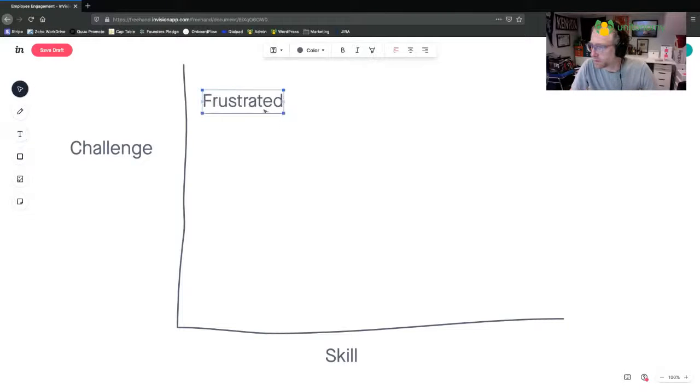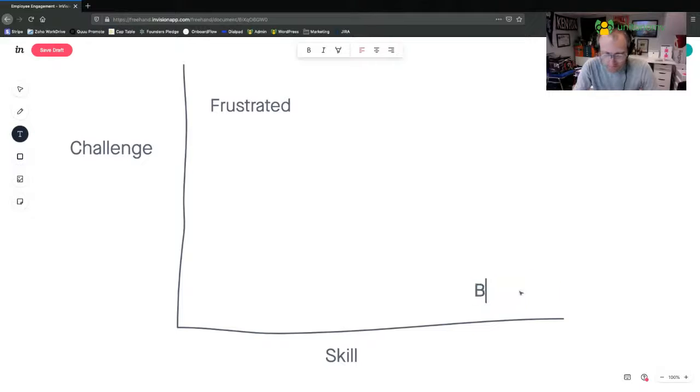The game's really hard, but I don't really know how to play it very well. Now the opposite of that is if my skill is really high but the challenge is really low. I'm way too good for this game, and I get bored.